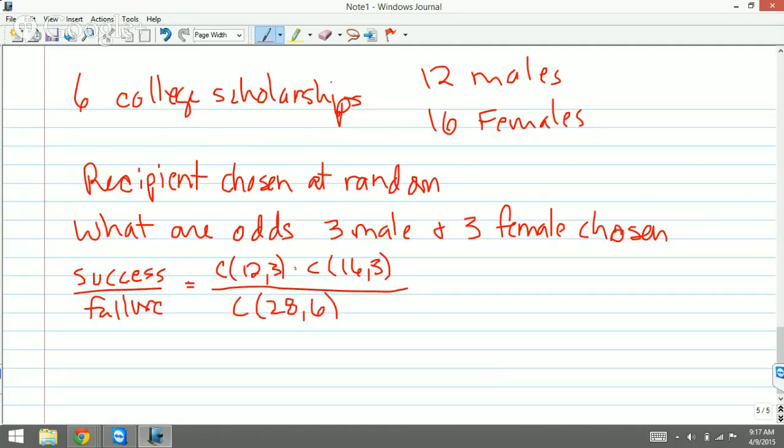That's our total. Okay. This would be probability, actually. So let me change this, this would give us probability. Okay.